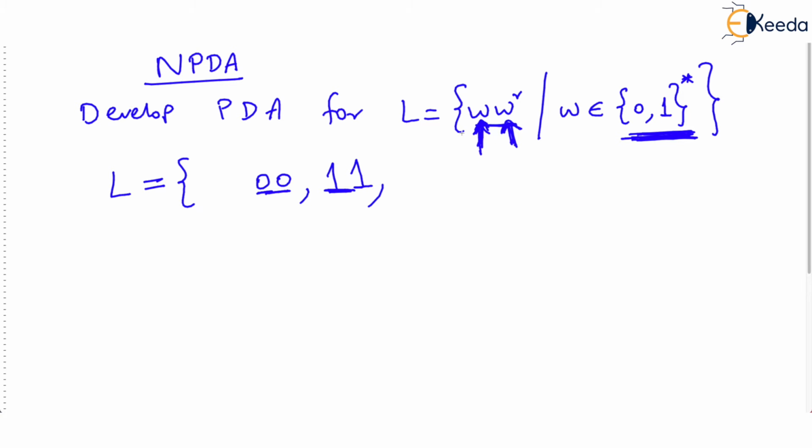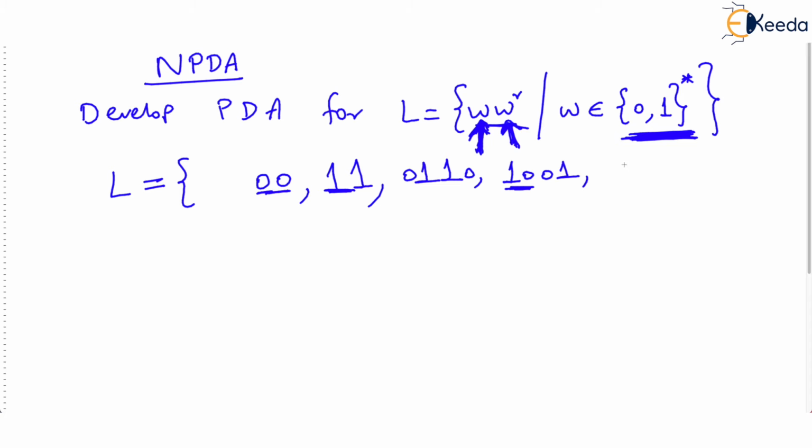Let's go ahead. Suppose this W, the first component, I take as 0, 1. As you know, this W can be made up of any combination of 0 and 1. But then the second component, W raised to R, should be the reverse of 0, 1, which is 1, 0. If we take W as 1, 0, then W reverse will be 0, 1.